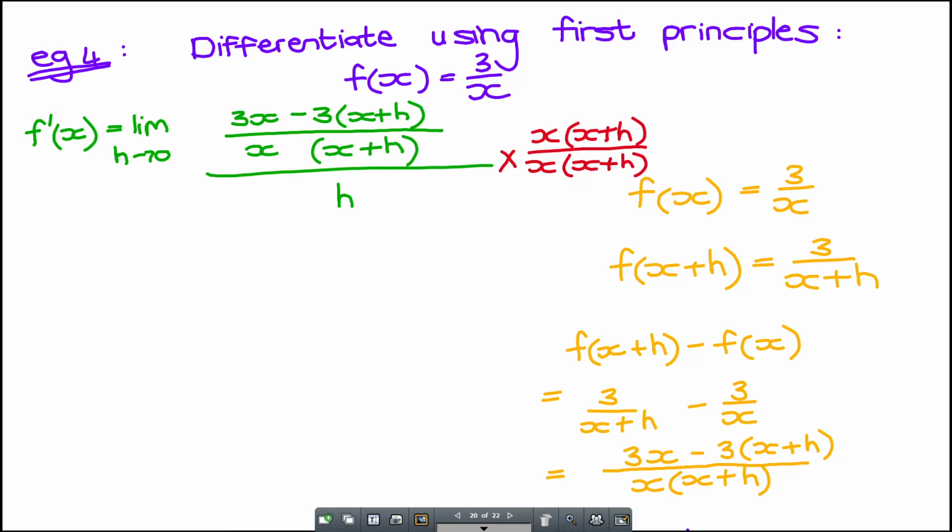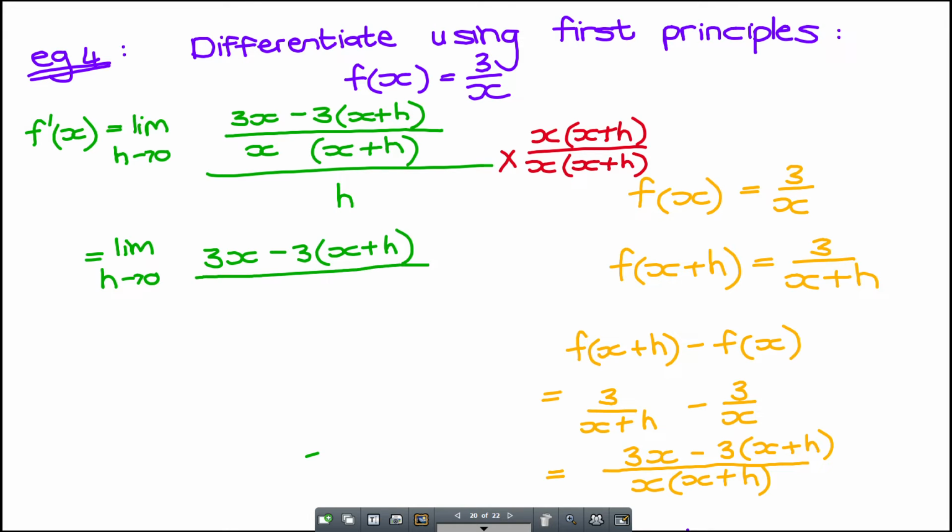Is julle reg? Okay, which means that if I just look at this top part multiplied with that, nee? It means that this will cancel out met daai. So dan het ek oor bo 3x minus 3(x + h).